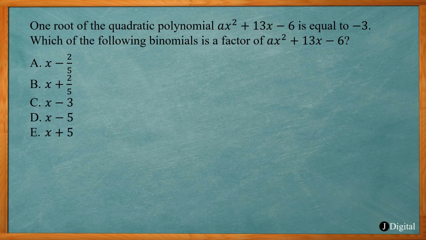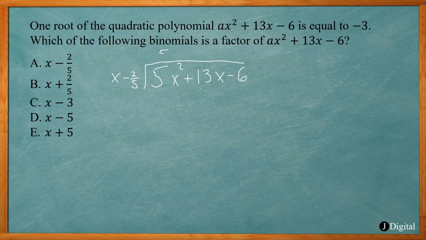Now if we wanted to prove that x minus 2/5 is a factor of this polynomial, we can show it by doing long division. So we'll have our 5x squared plus 13x minus 6 and then our x minus 2/5.